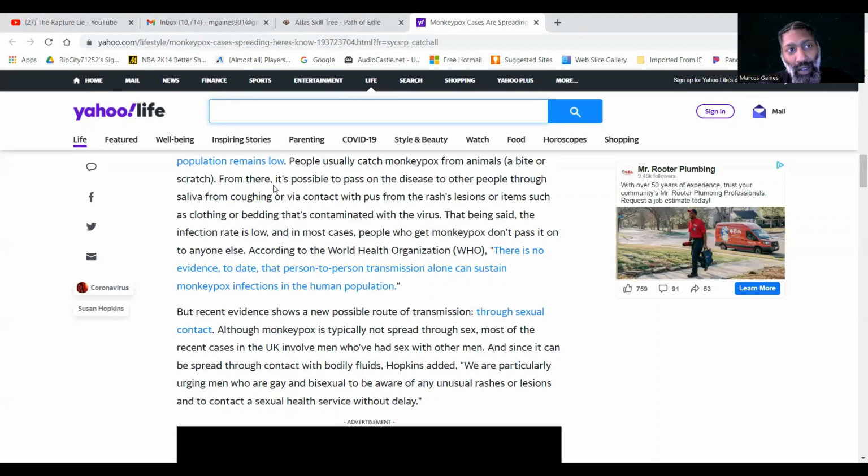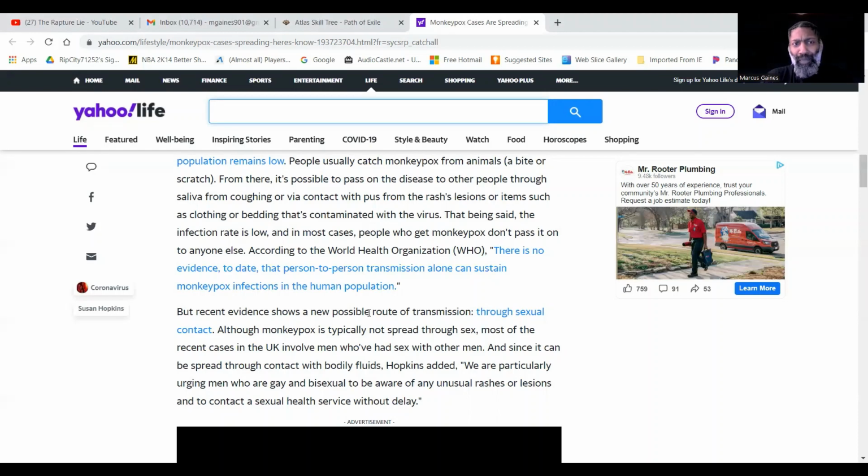Yet not only did they tell you right here how the disease process is contracted from person to person, it also shows this new route, which is person to person.